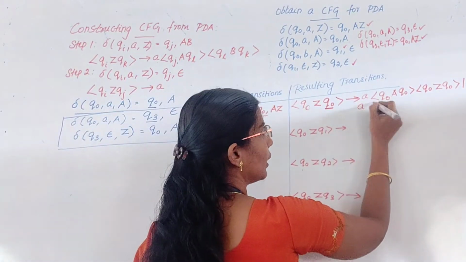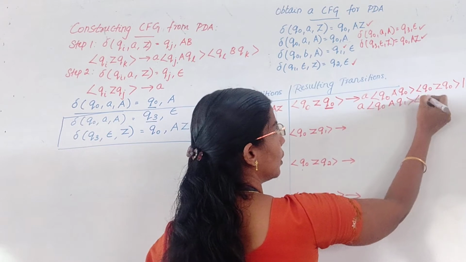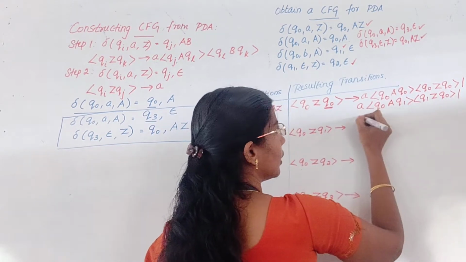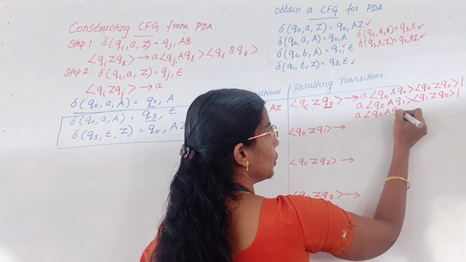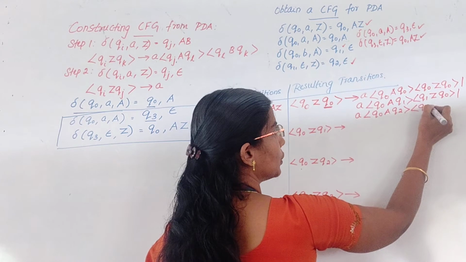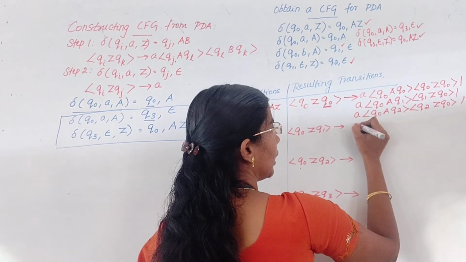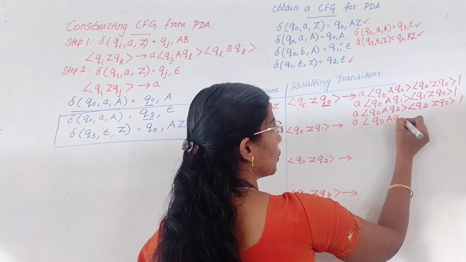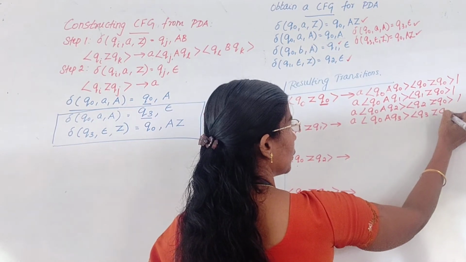So it is A, Q0, A, Q1, Q1, Z, Q0, A. Next L value is Q2, Q2, set Q0. Next L value it is A, Q0, A, Q3, Q3, set Q0.